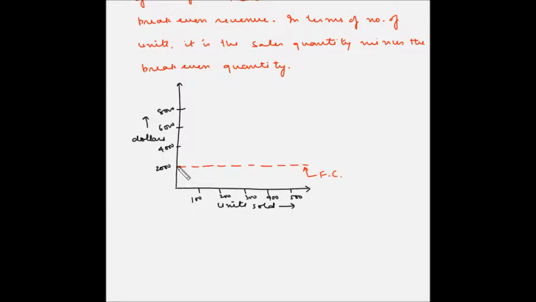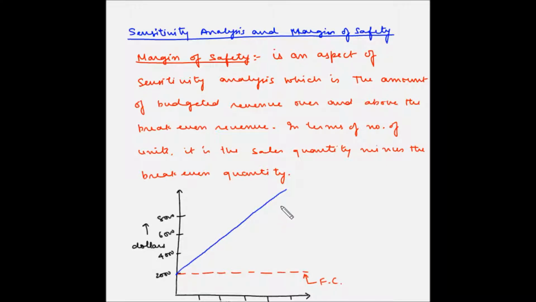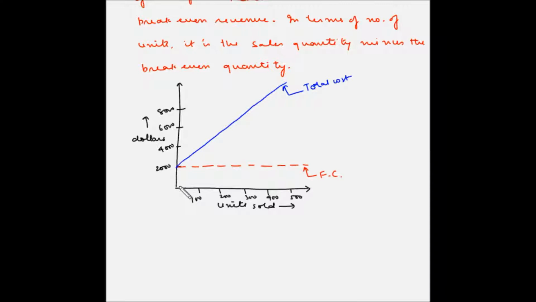That will start from the point where fixed cost merges with the y-axis. So let's say this line represents the total cost.